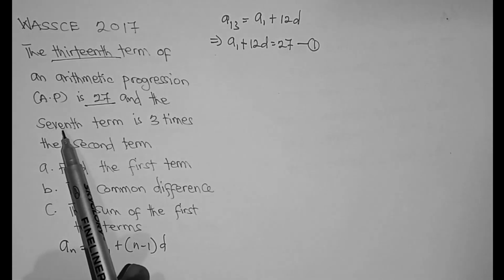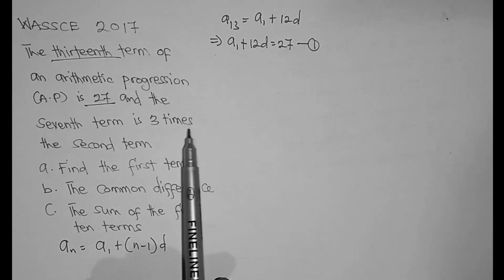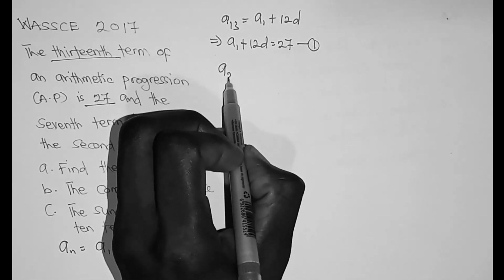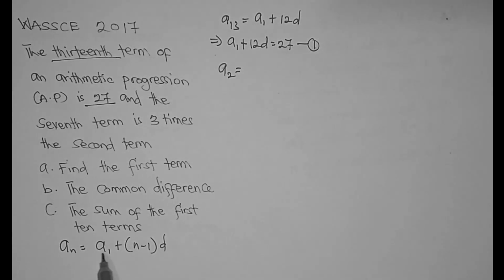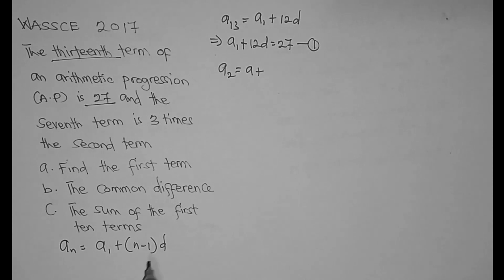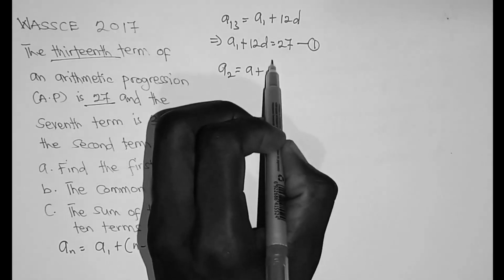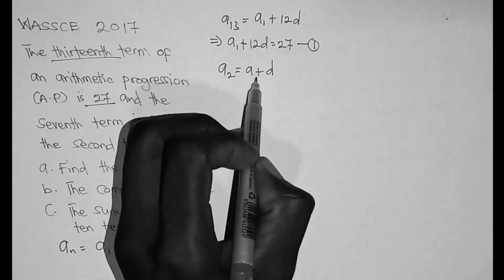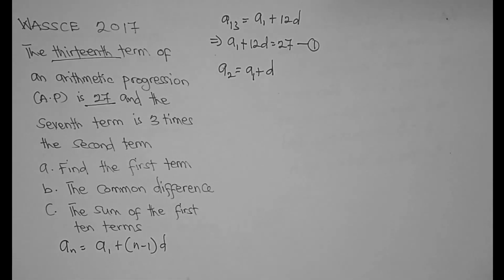And then the question also says that the 7th term is 3 times the second term. So let's find the second term, A2. A2 is equal to A1 plus (n minus 1)d, n is 2, 2 minus 1 is 1, 1 times d is d. So A2 is A1 plus d.